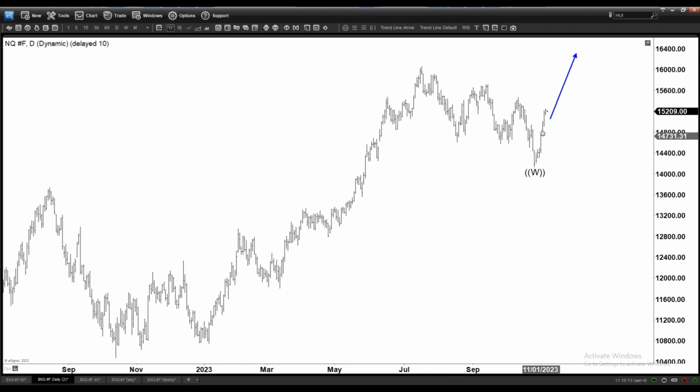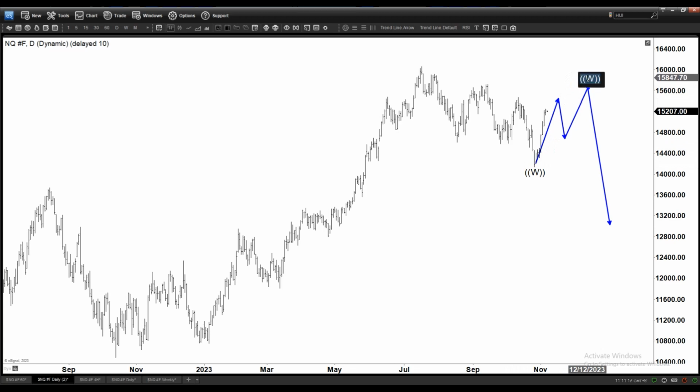If you see an impulse in the shorter degree here, there's a possibility that this is the start of a new bullish leg, and this is the end of the correction, and then this can actually go to a new high. Now we are calling it W, and what that means is the 5 waves here is going to end A, B, C. It might retest this peak before going lower again, and that will be your X.